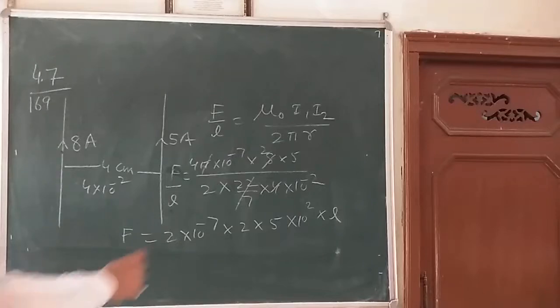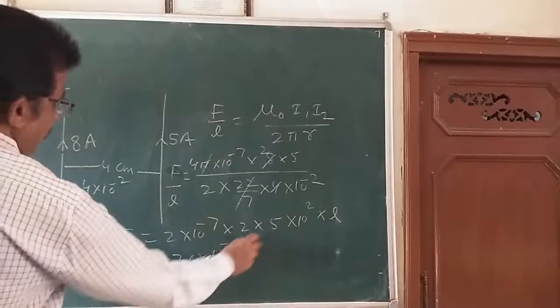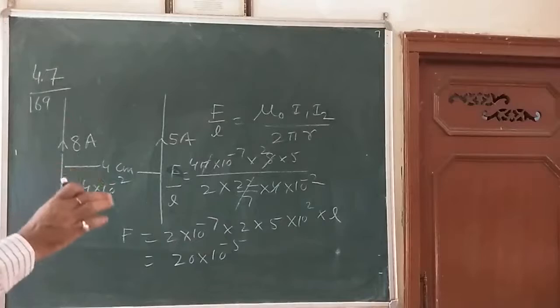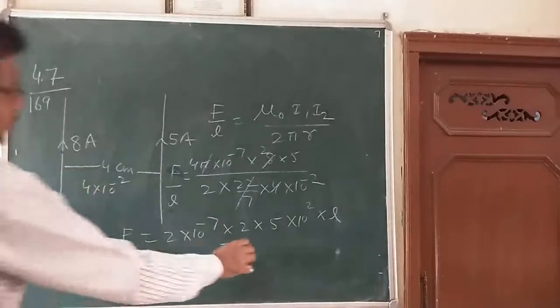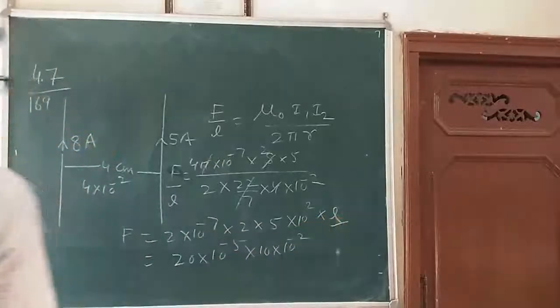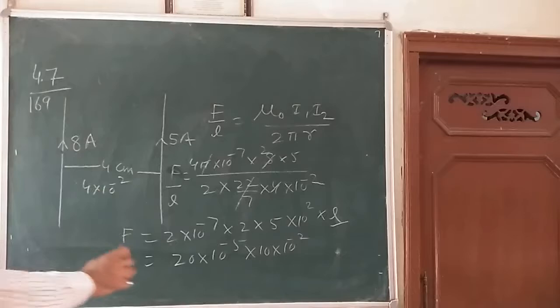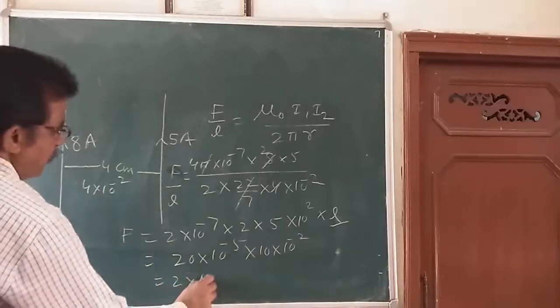So we can write here, solve this. You will get 20 into 10 to the power minus 5 and L. L is given as 10 centimeter. So we can convert it: 10 into 10 to the power minus 2 for this value of L. So you get the answer, that is 2 into 10 to the power minus 5.